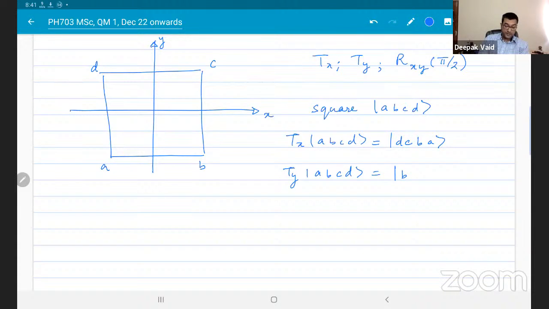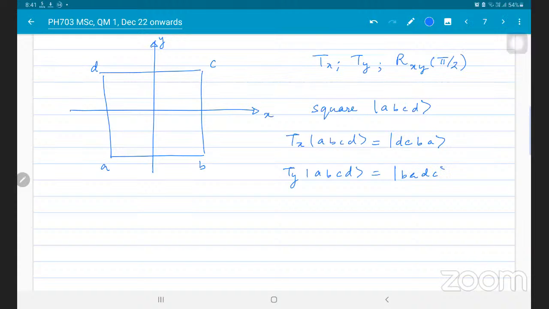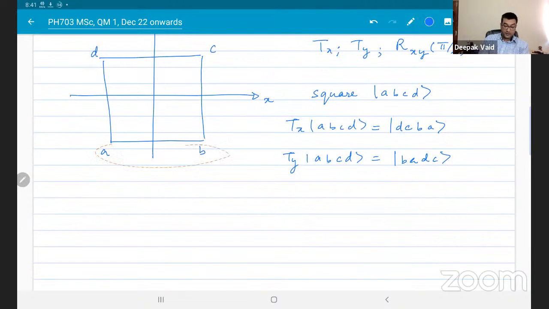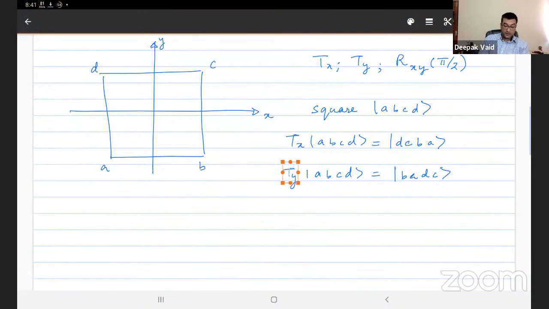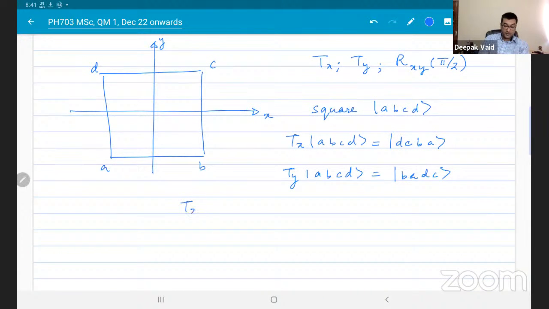I'll get B, A, D, C. These two indices will be switched and these two indices will be switched. Now, what if I take two reflections across the x-axis? What will I get? ABCD.